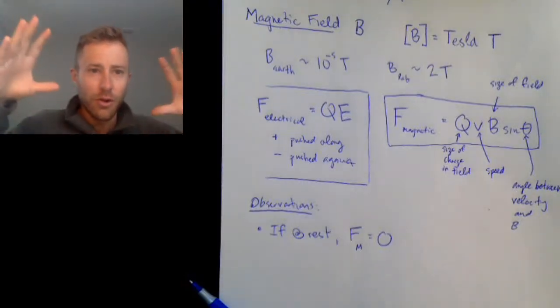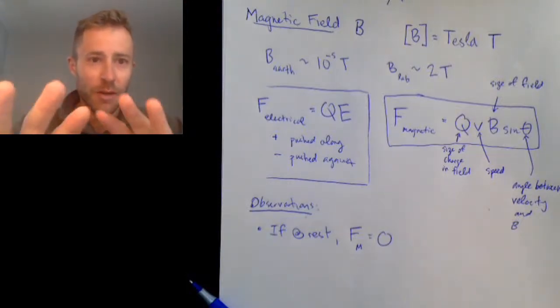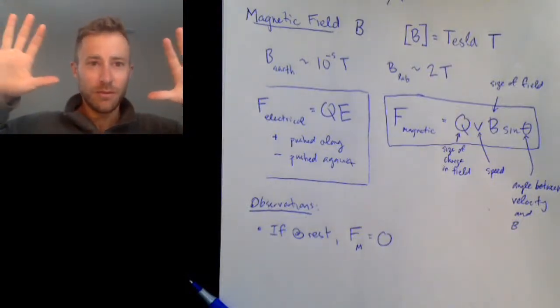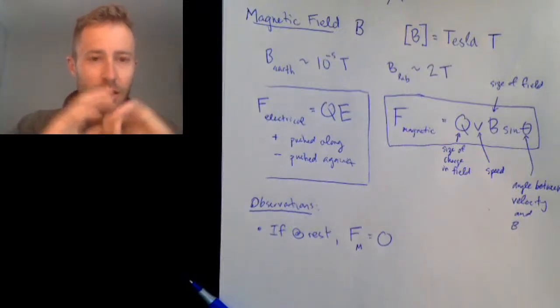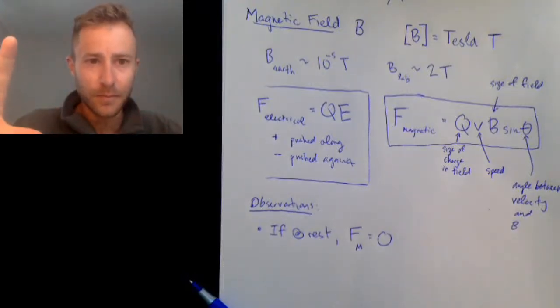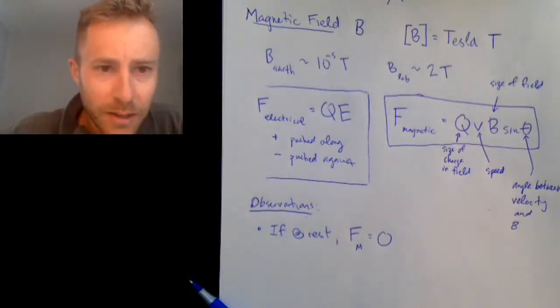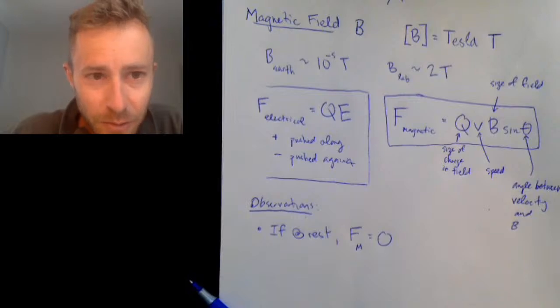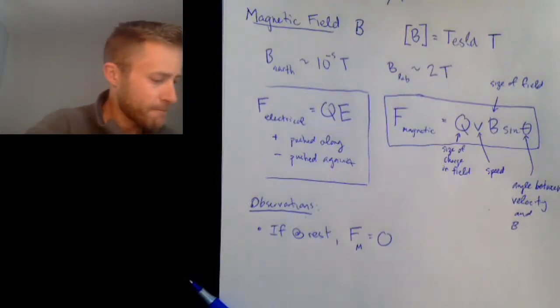So even though there's no macroscopic motion, and when I say macroscopic, I mean sort of human scale motion, there is still a magnetic force because the individual electrons within the material are still moving, okay?